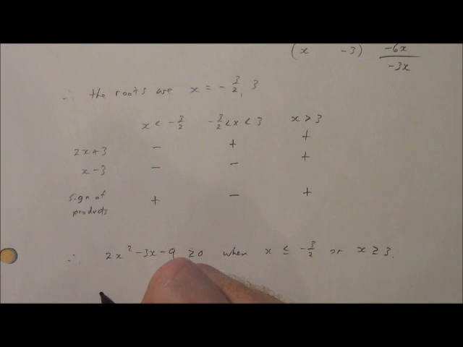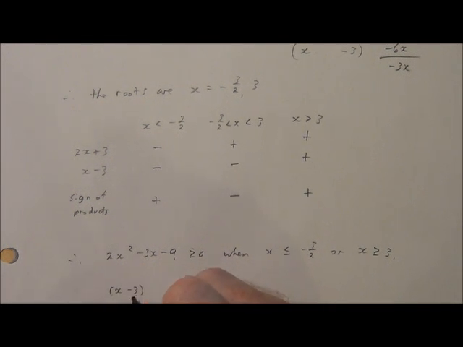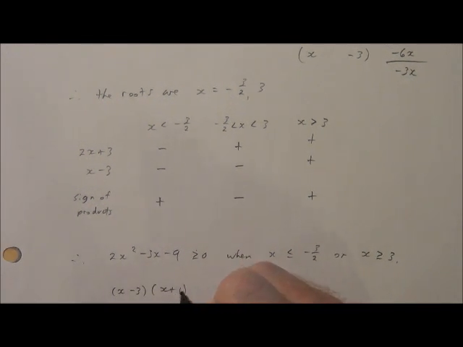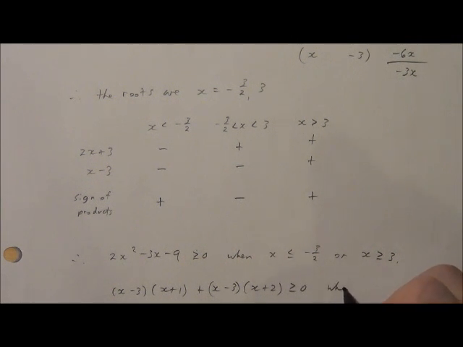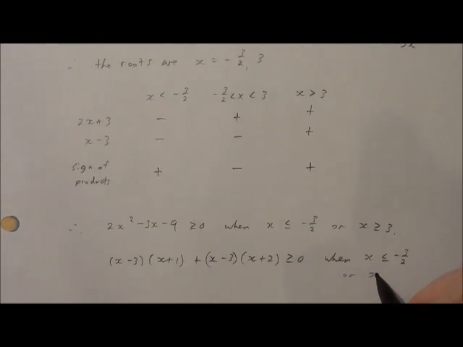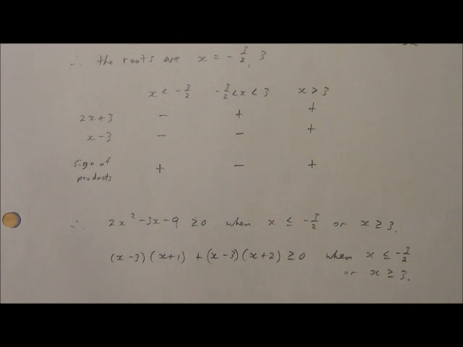Otherwise, what we could say is x minus 3 times x plus 1, plus x minus 3 times x plus 2, is greater than or equal to 0 when x is less than or equal to negative 3/2, or x is greater than or equal to 3. Okay, so that would be the end of that example.